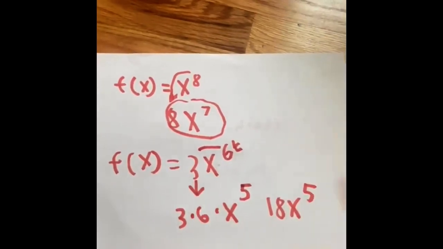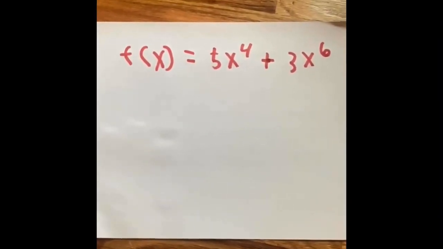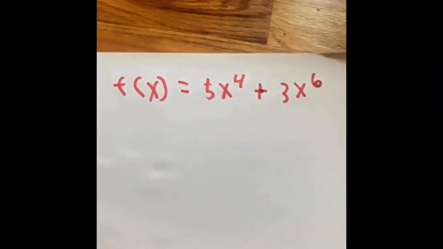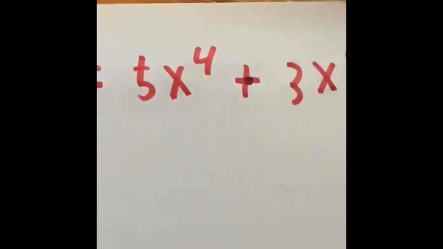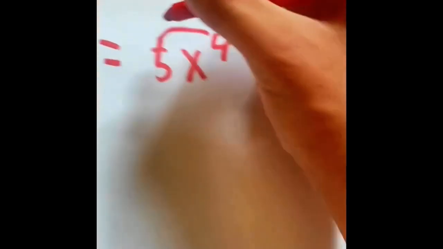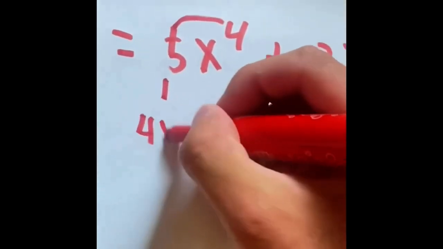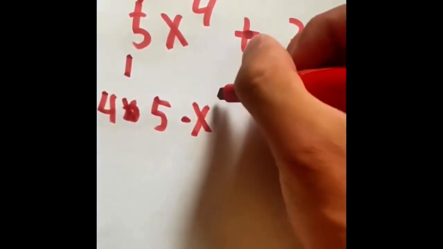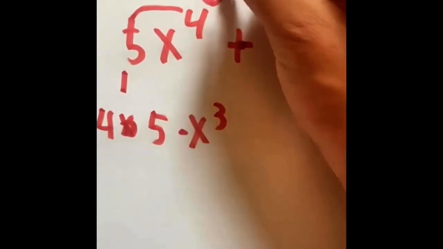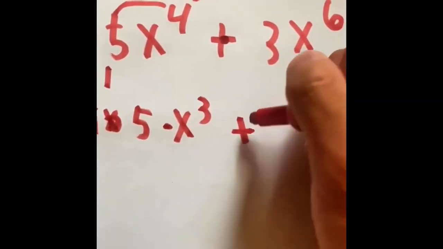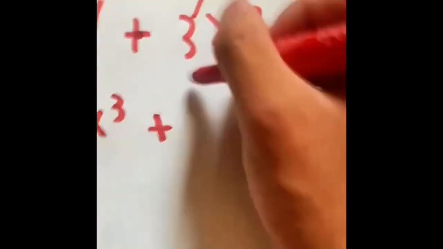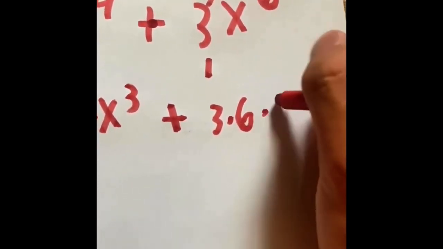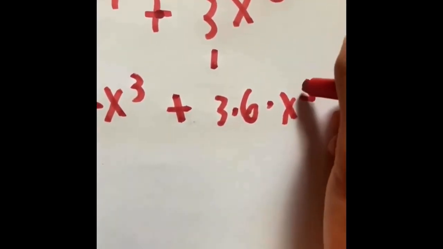In a nutshell, the last thing we can do is find derivatives if we have more than one object on the field. Here's an example. We take this down and this down, and we have 4 times 5 times x to the power of 3. Level this down. Then we add that to the 3 times 6 times x to the power of 5.